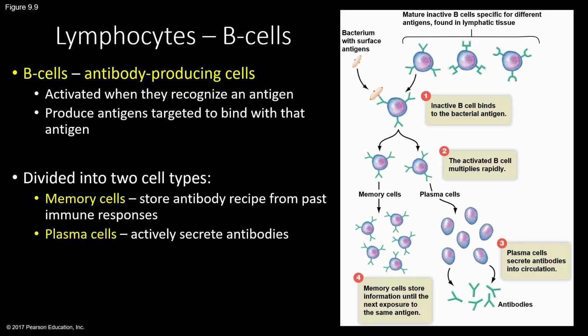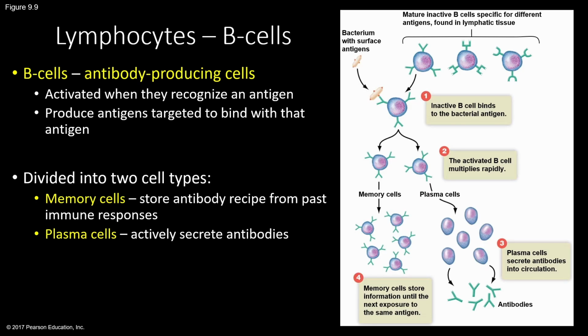So one of the first things that are activated are those B cells, okay? And these are the antibody-producing cells. Now, there's two kinds that we talk about. There's the plasma cells. Those are the ones that actually are actively making antibodies. And then we also have the memory B cells. These are responsible for holding on to the recipe for a specific antibody from a past immune response.